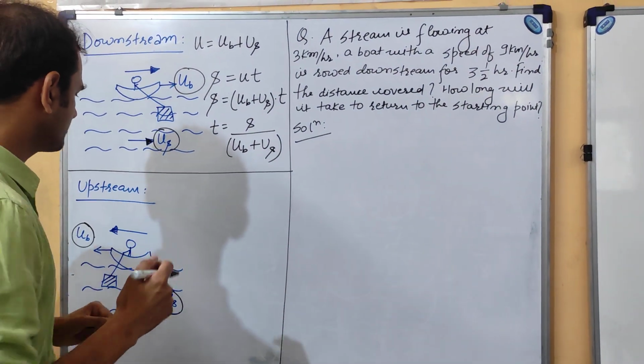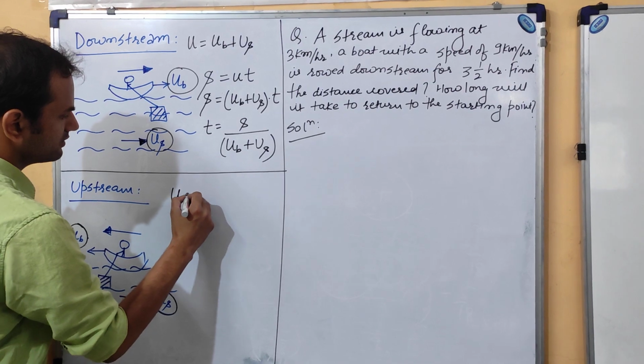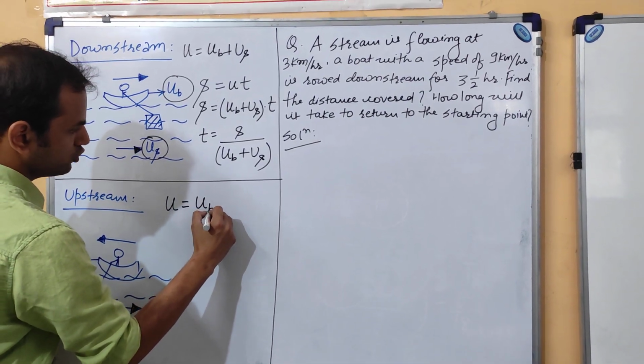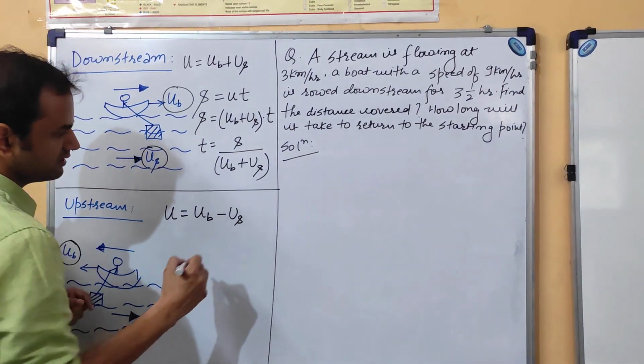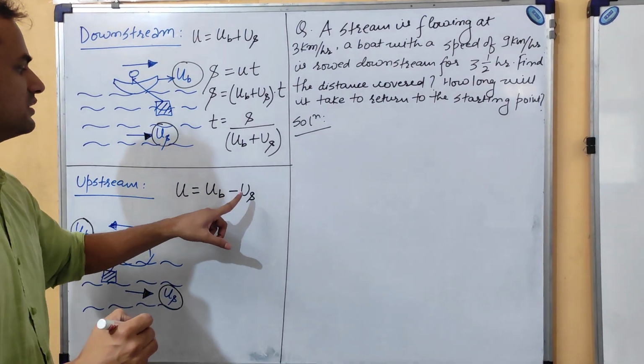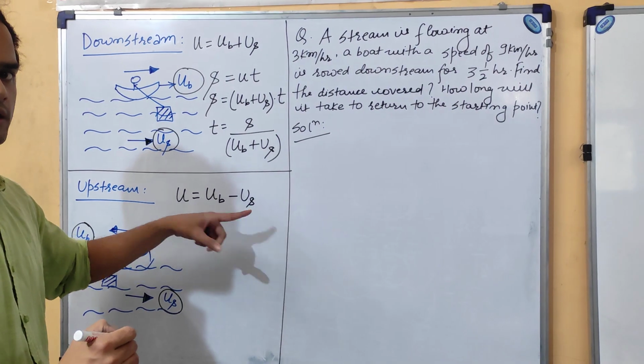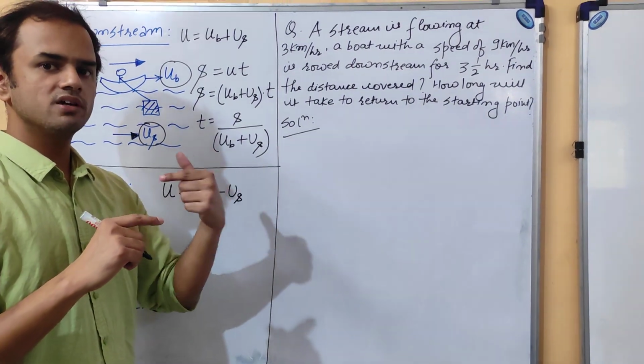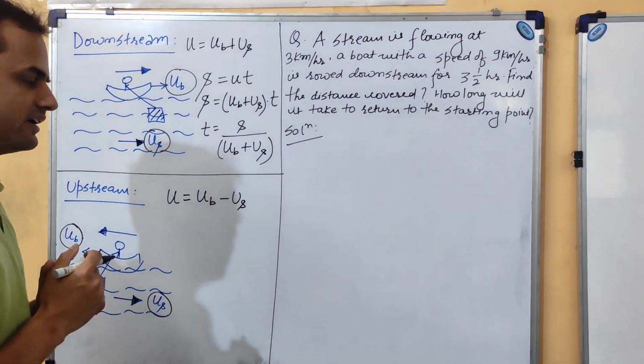So what happens? Speed becomes UB minus US. See, this is the speed of boat, and you will subtract the speed of the stream. Why? Because the boat is moving in the opposite direction, right?